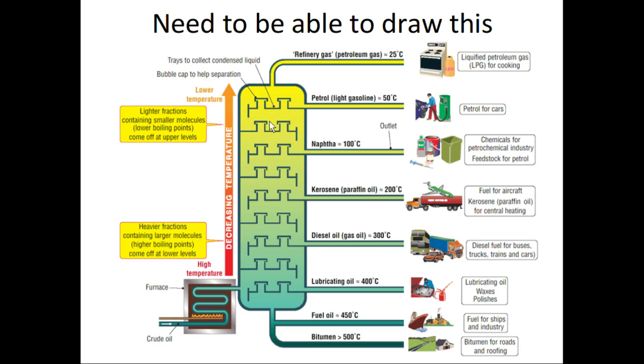That's very important. And these are the different fractions here out on the right. These are the different useful parts of the crude oil that we want to separate it out into. And then over here on the right, you've got the uses for each of these fractions, which you need to know as well. So we're going to flick back and forth between this slide and the next slide to go through the details of how this works.